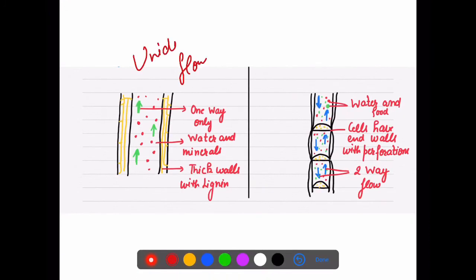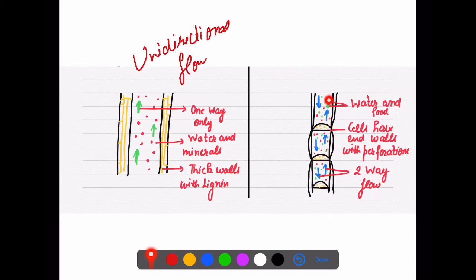But in case of phloem, as you can see, one arrow is going in the downward direction, food is coming in the downward direction, as well as going in the upward direction, meaning it is providing food to the storage area as well as to the growing parts.